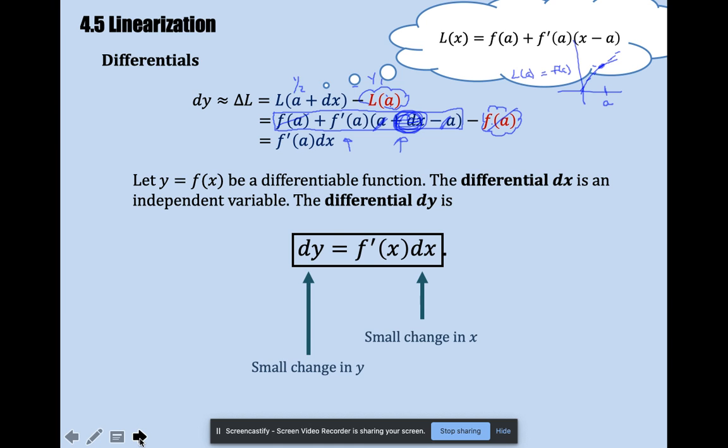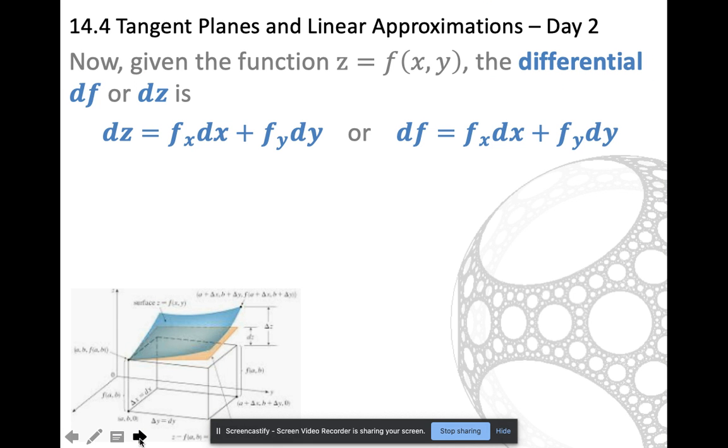So we're just going to take that into 3D. Given a function in two variables, the differential is very similar, but it is a sum of your partials. So the differential of the function z, or the differential of the function f, we can use both of those names, is a sum of f prime with respect to x times dx plus f prime with respect to y times dy.